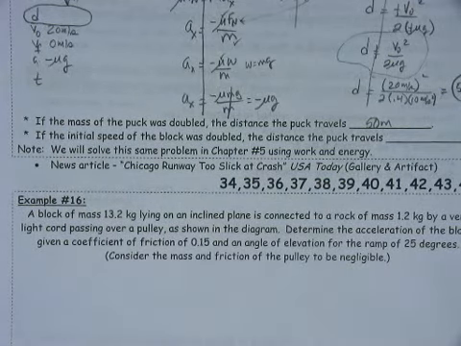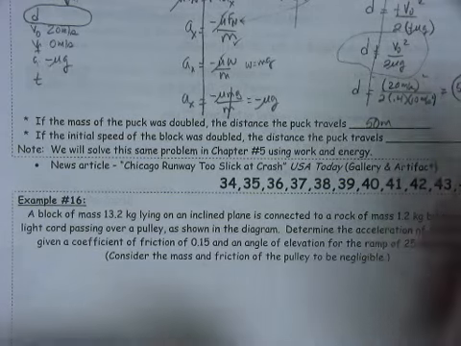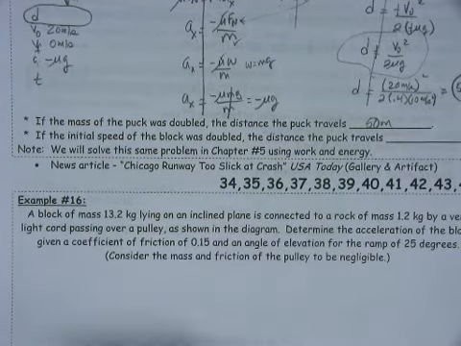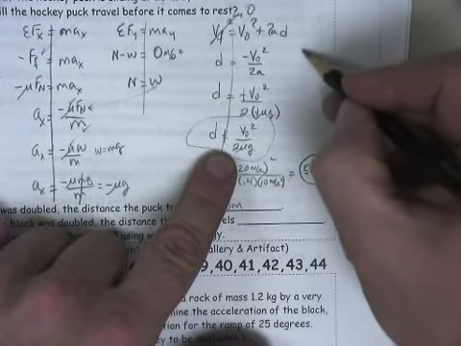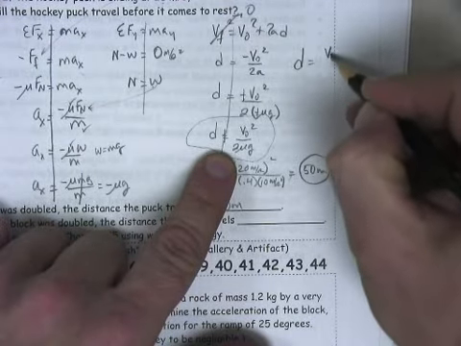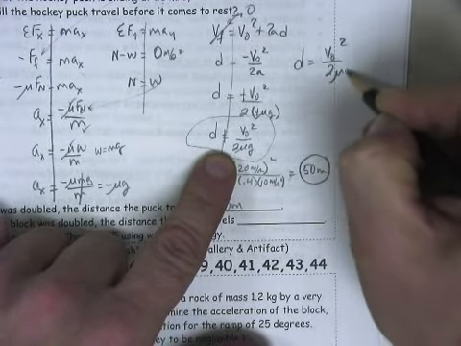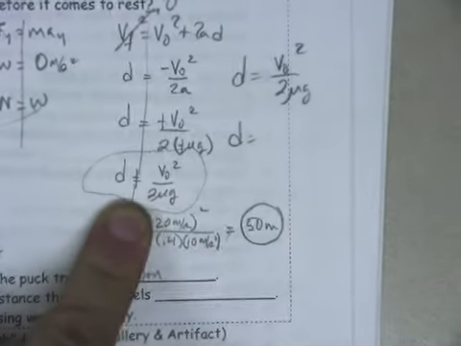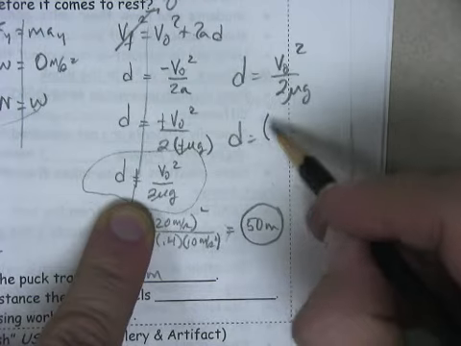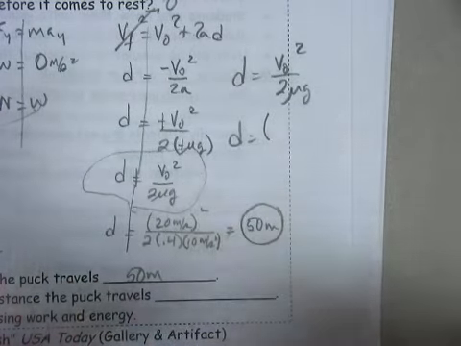Now look what happens if I take the initial speed and I double the initial speed. I'm going to do this in a different color so you can see how this works. Look at what happens. I'm going to use this equation. I'm just going to rewrite it over here. I'm going to double that initial speed.